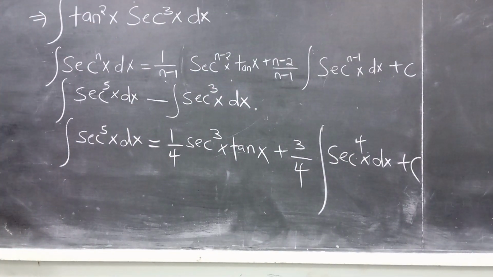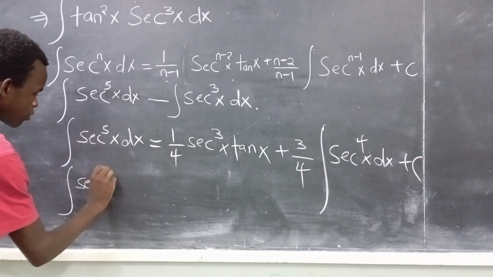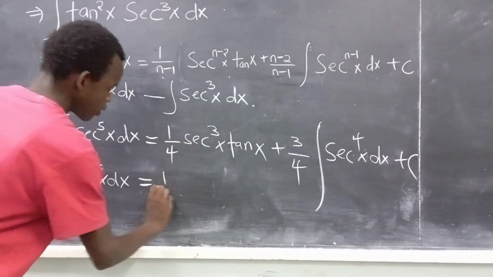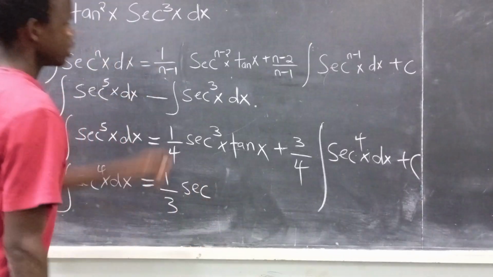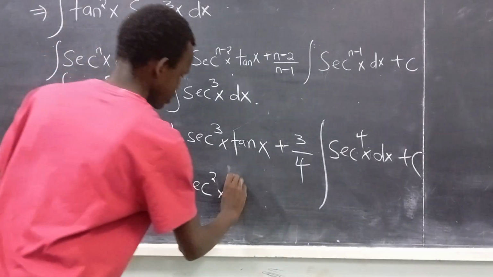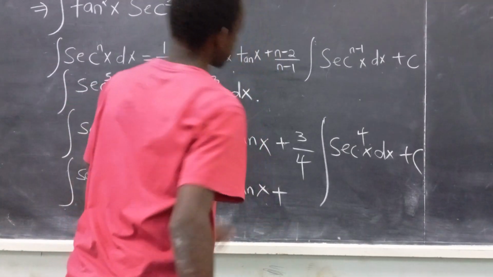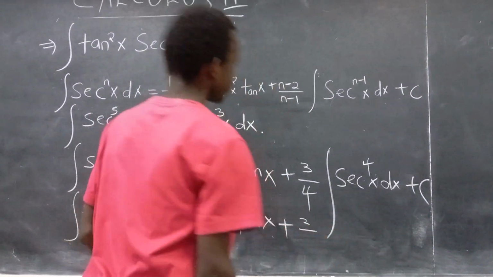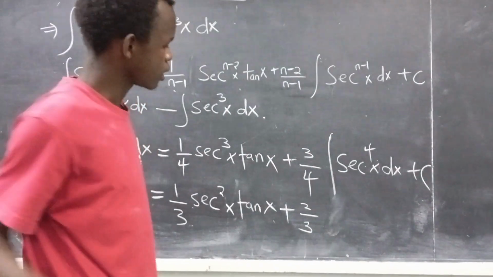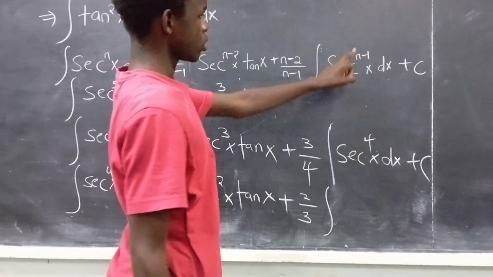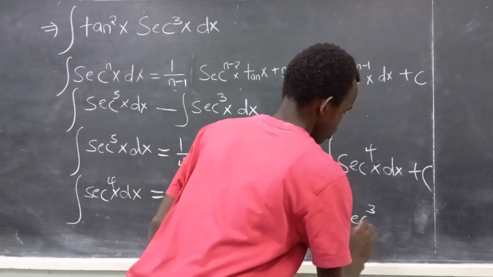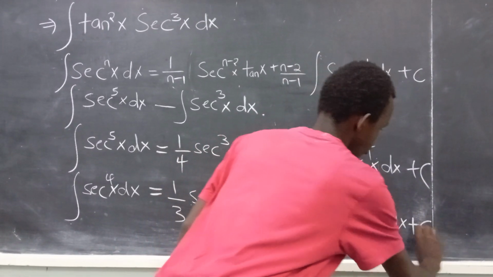The integral of secant to the 4th of x dx is the same as 1 over 4 minus 1, which is 1 over 3, secant of 4 minus 2, which is secant squared of x tan of x, plus n minus 2 over n minus 1, which is 2 over 3, the integral of secant cubed of x dx plus c.